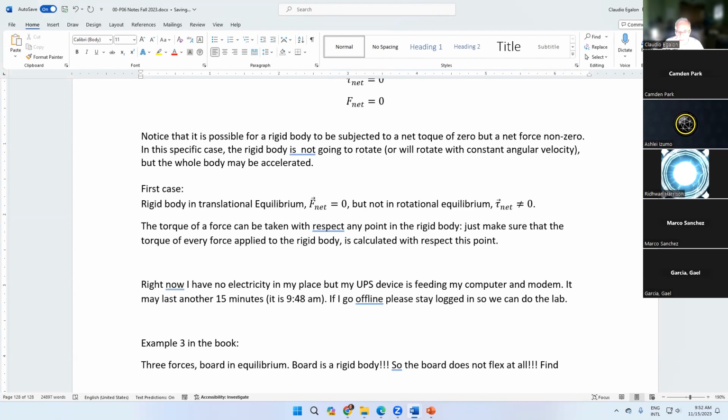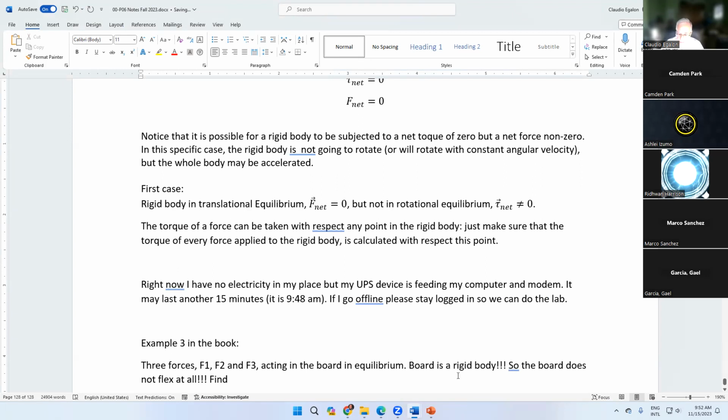Find three forces, F1, F2, and F3, acting on the board.